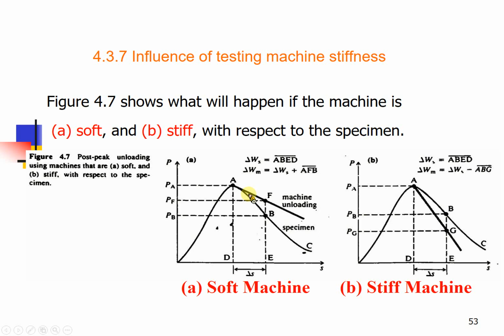The hydraulic system originally pushes downward. When it goes up to the peak strength, you make it go back, so you make it drop a little bit. And you load it again, and drop it a little bit, load it again. So under this condition, even if you have a soft machine, you have the opportunity to get the complete stress-strain curve, if you have very good testing technique.